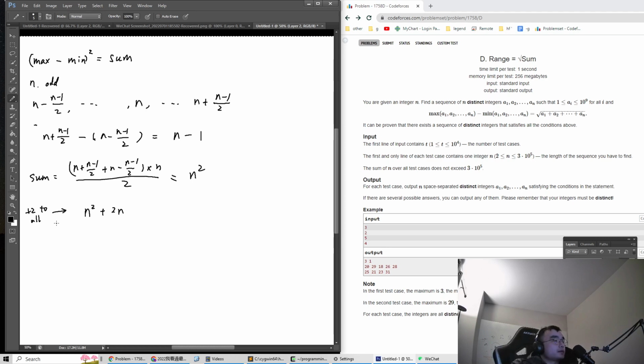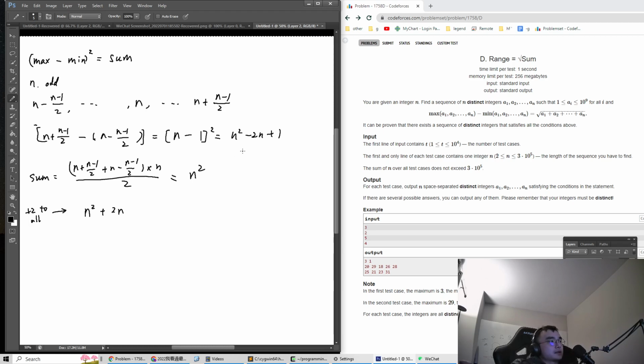Right? And then we can do something more. Since the left side equals n squared plus 2 plus 1, we can add 2 to the difference between the maximum and the minimum, right?